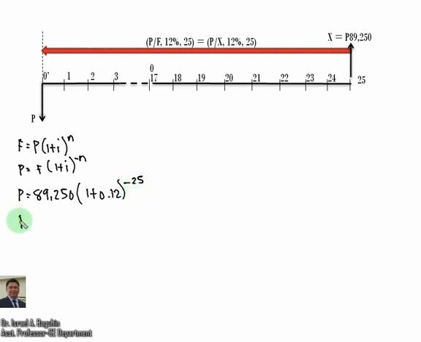So we have the value of P equal to 89,250 times 0.05882, which gives us the same amount, 5,250 pesos.